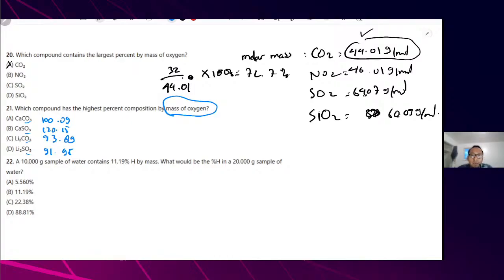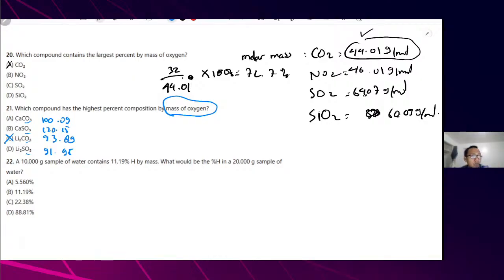Since each compound has the same amount of oxygen, which is 3, we only care about the total molar mass. Which one is the lightest? The simple answer is C. Yes, that's correct, the answer is C, because this one is the lowest.